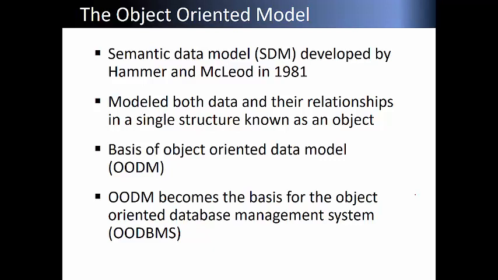Around that time, the programming language community developed a new paradigm. We call it the object orientation paradigm, the object-oriented paradigm. What that paradigm initiated was that everything should be considered as objects.